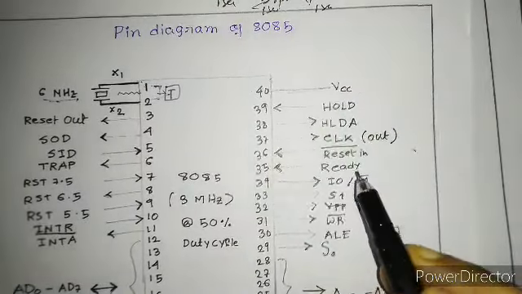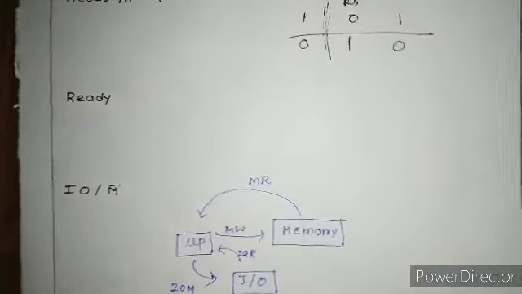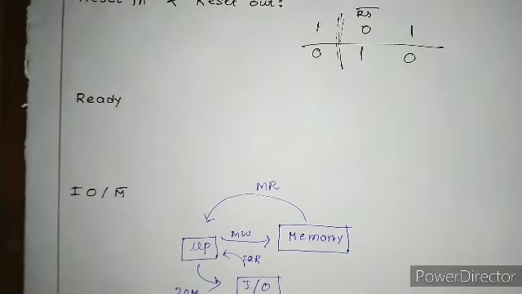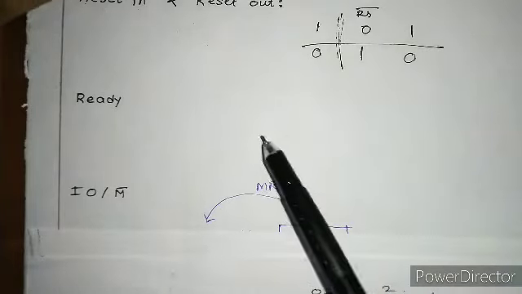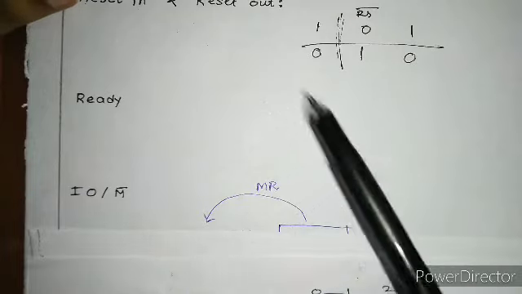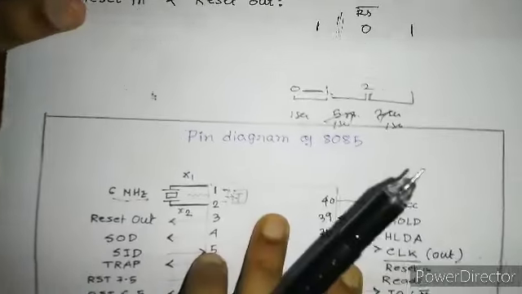Now the ready signal. Suppose you want to print something, okay? So maybe there are some documents in your PC. Now you want to print that, so there will be some options to print and all. Then you have to check whether the output device, the printer, is ready or not.